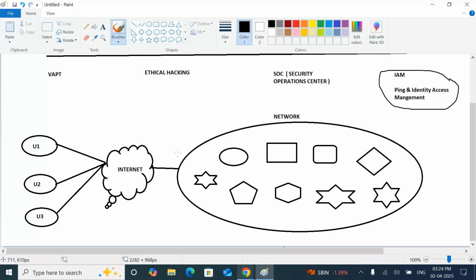But coming to security, SOC. SOC is nothing but Security Operations Center. Before going to SOC, ethical hacking is done with different tools like password cracking, network hacking, web exploitation, and social engineering tools.